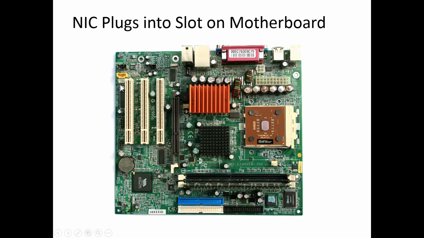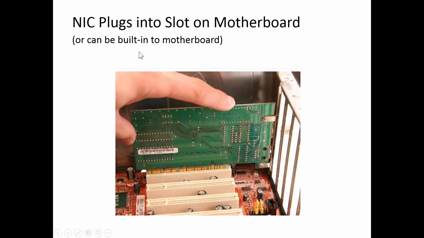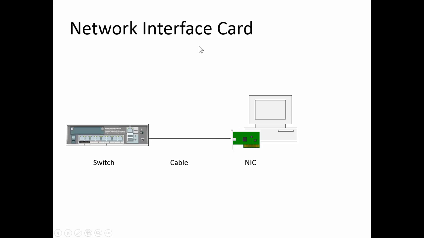Here's a picture of a network interface card being inserted into slots on the motherboard. Or the network interface card could be built into the motherboard. The cable plugs into the network interface card, and it plugs into the switch. So if you don't have a network interface card, then you've got nothing to plug the cable into.